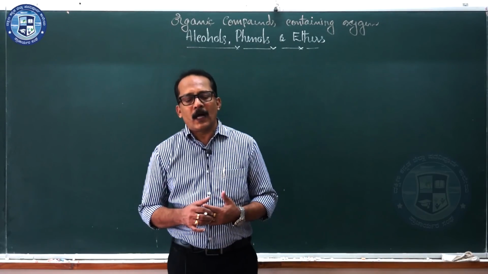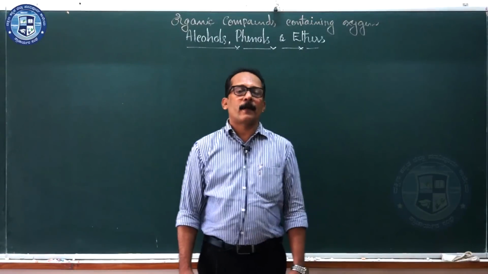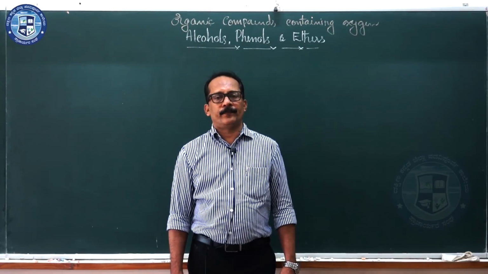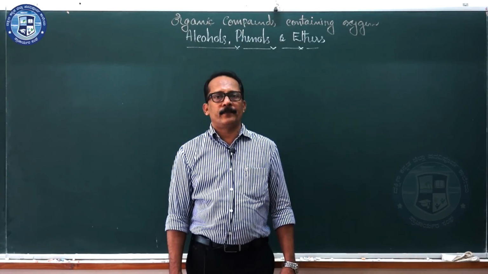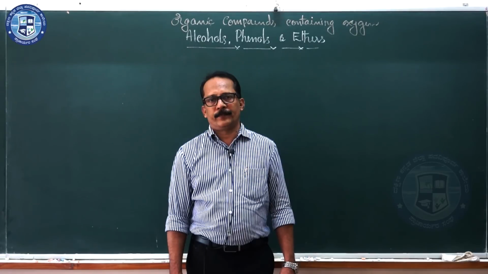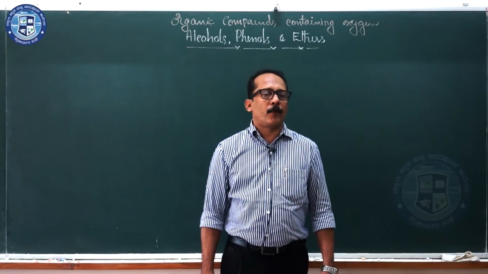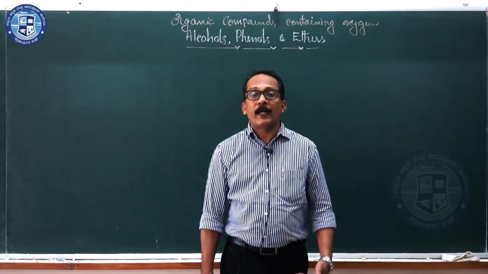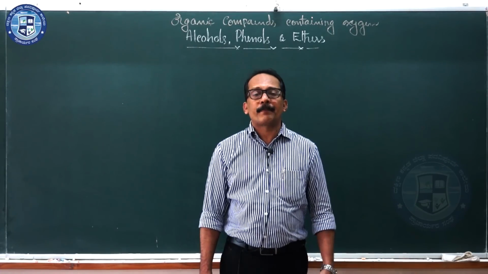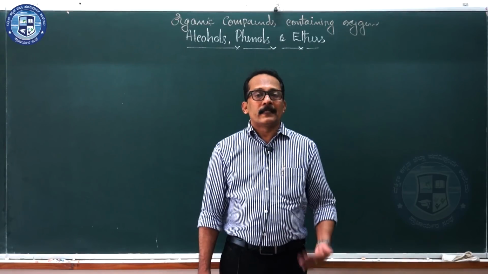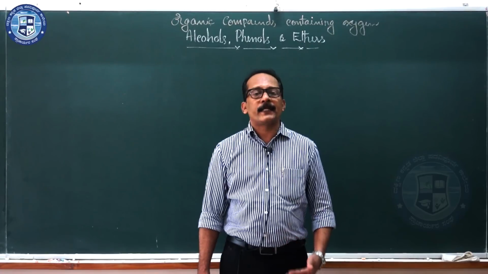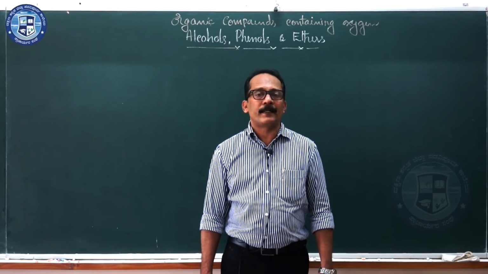So alcohols are the organic compounds formed by replacing a hydrogen atom from aliphatic hydrocarbons. These are the organic compounds containing a hydroxyl group attached to a saturated carbon atom, that is, the hybridized state of the carbon atom is sp3.